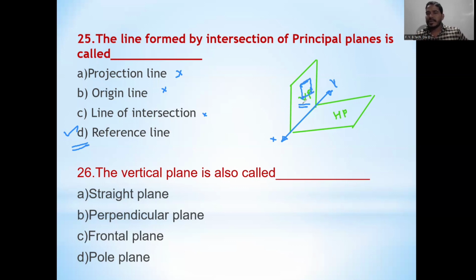So it is also called the FRP, frontal reference plane, or the frontal plane. So option C will be correct, not straight plane, perpendicular plane, or pole plane. Let's see the next one.